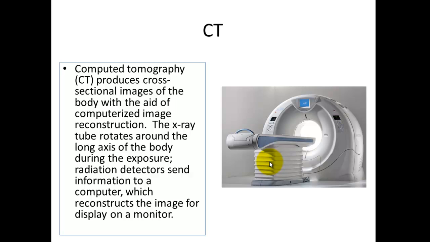Essentially, your tube is spinning around, and while it is spinning, it will be taking projection after projection of data. So when we do a normal radiograph, how many projections are there? Well, one. If we do an ankle radiograph, we may take 3 views, but each view is just one set of projection.